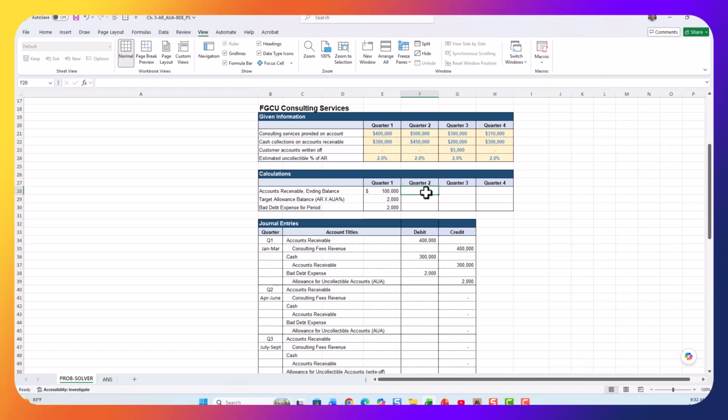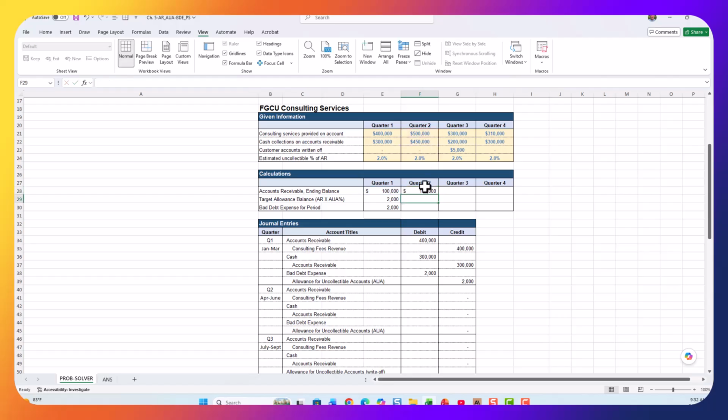Let's determine accounts receivable's ending balance. The accounts receivable ending balance is the prior period's balance of $100,000 plus the consulting services on account of $500,000 minus the cash collection from customers on account of $450,000.